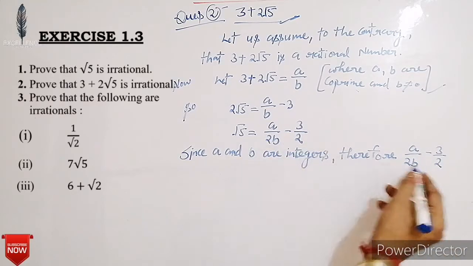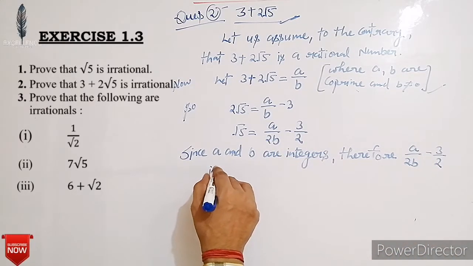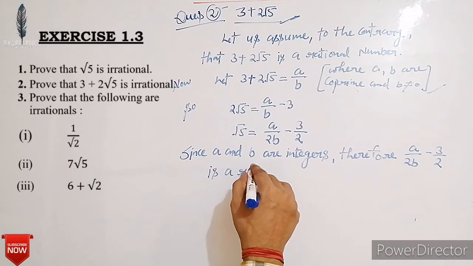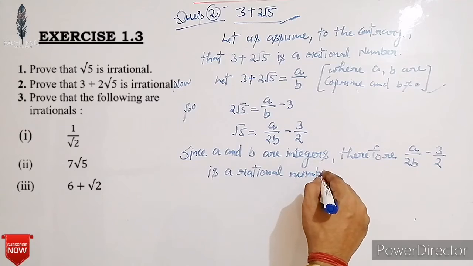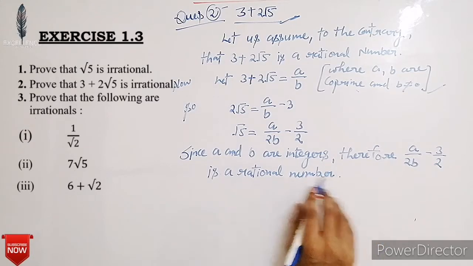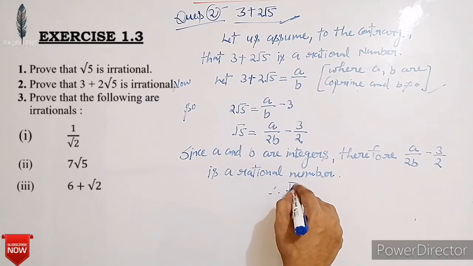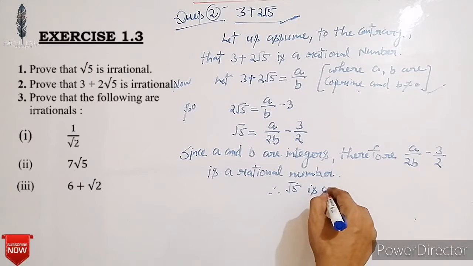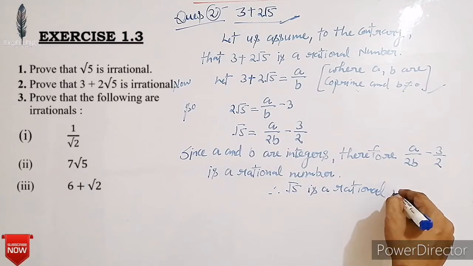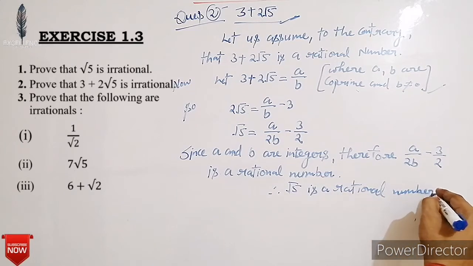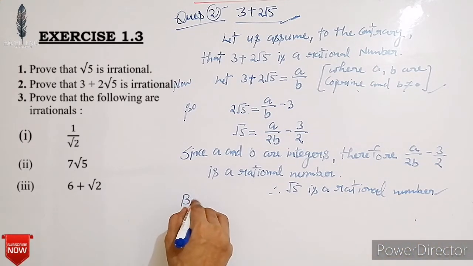So under root 5 is a rational number, because under root 5 is equals to A upon 2B minus 3 by 2.